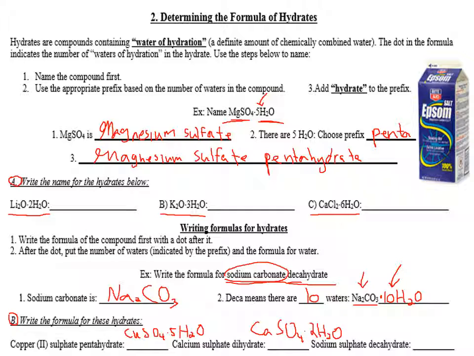And here we'd have Na2SO4·10H2O. So quickly review how to name hydrates and how to write formulas for hydrates, because you will need to understand that in order to do the problems that involve hydrates and their formulas.